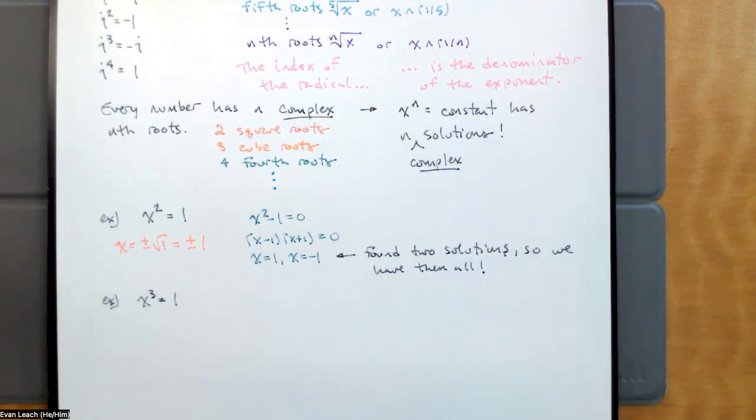So we got x cubed equals 1. Our current skill set will allow us to find the one real solution, but we need something that'll find us the complex solutions as well. We know there have to be 3 solutions.